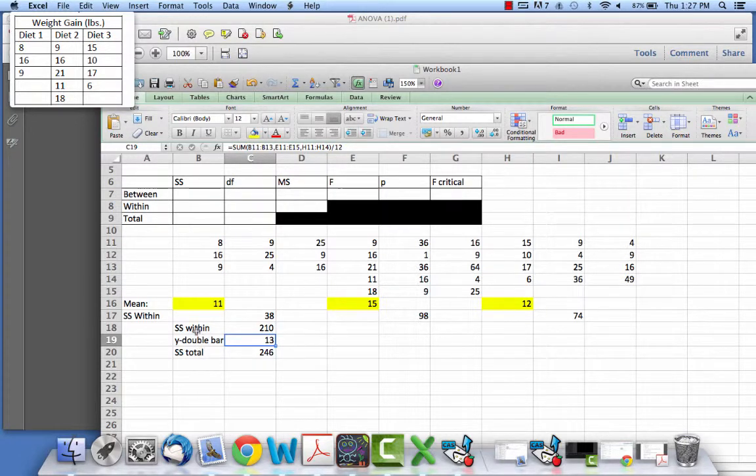Okay, so if this is SS within, I'm now going to just replace that. Then this has to be 36. So between, within.